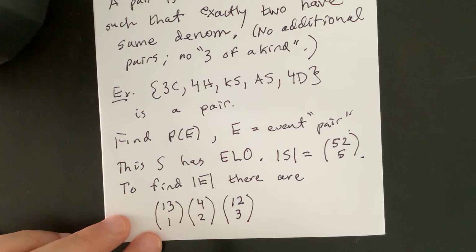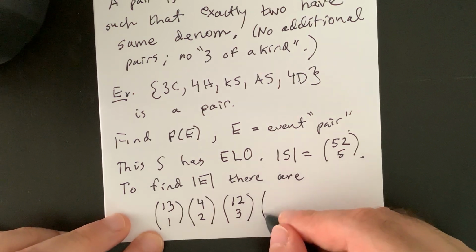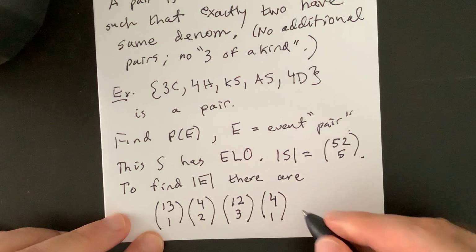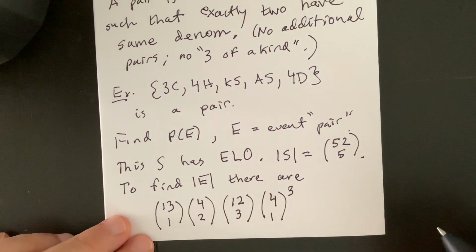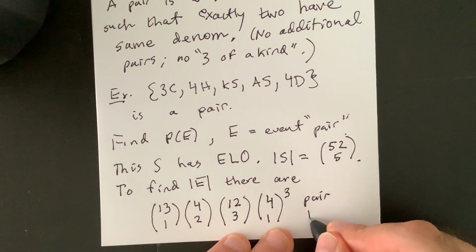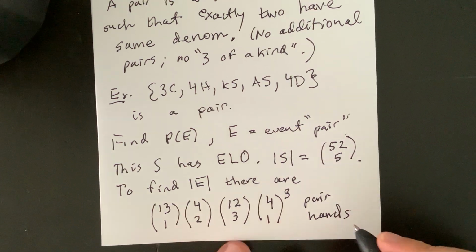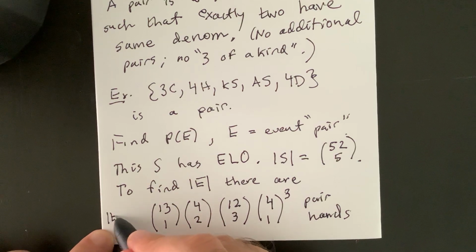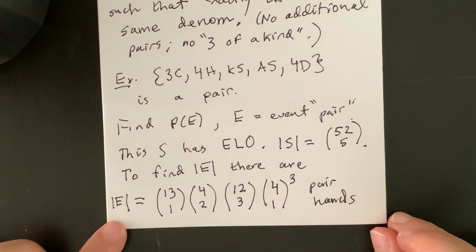So this would be just 4 choose 1 cubed, basically. So let's just write 4 choose 1 cubed. Okay, pair hands. I know there's no intermediate calculation really. We discussed combination and permutation in chapter 1, so I'm just writing this down. So that's your solution then.